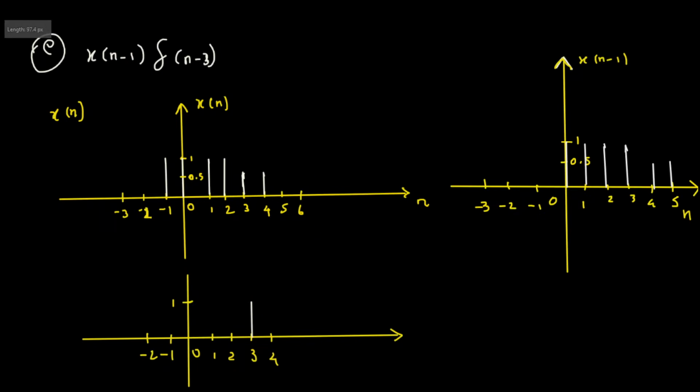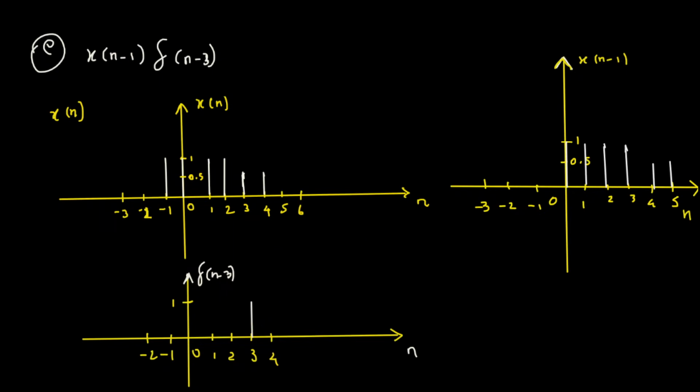Now what we have is δ[n-3] and x[n-1]. We have to multiply both of them. The only points that are going to exist out of the multiplication are the points that exist for both of them.